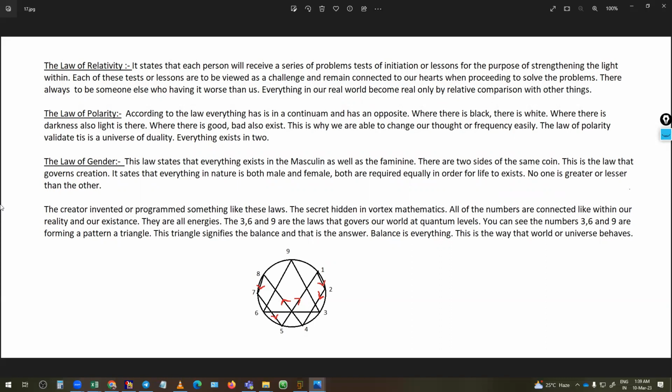Each of these tests or lessons is to be viewed as a challenge while remaining connected to our heart. When proceeding to solve the problem, there is always someone who has it worse than us, right? Everything in our world becomes real only by relative comparison with other things.